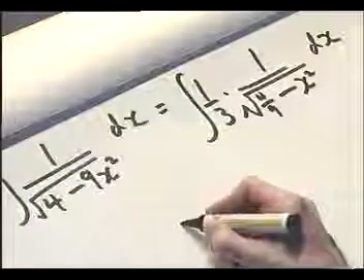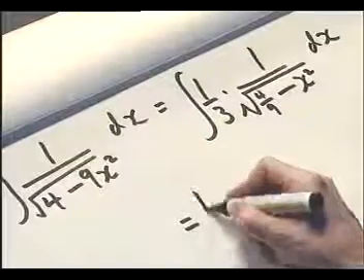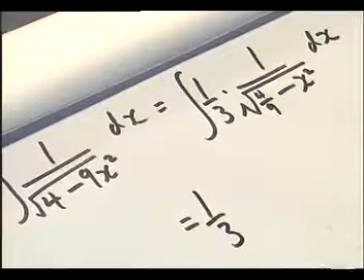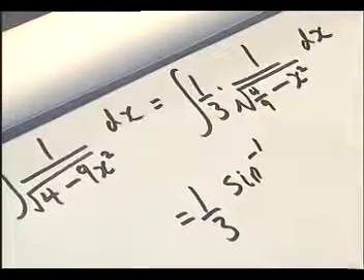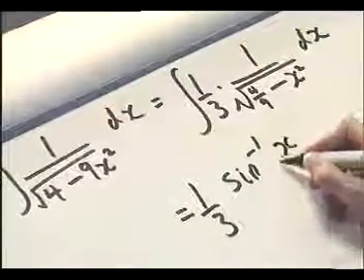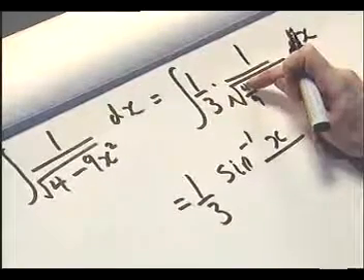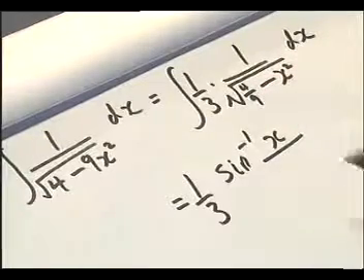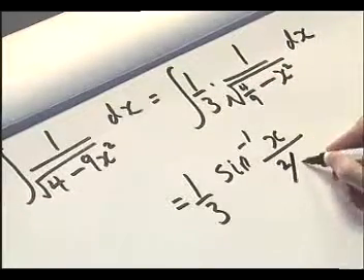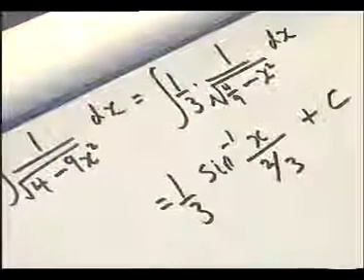Now, this does look like one that we've done before. We can keep the 1 over 3, that's fine. And now we need sine to the minus 1 of x over a. And what is a this time? Well, a is 2 over 3, because a squared is 4 over 9. So that's x over 2 over 3 plus c.